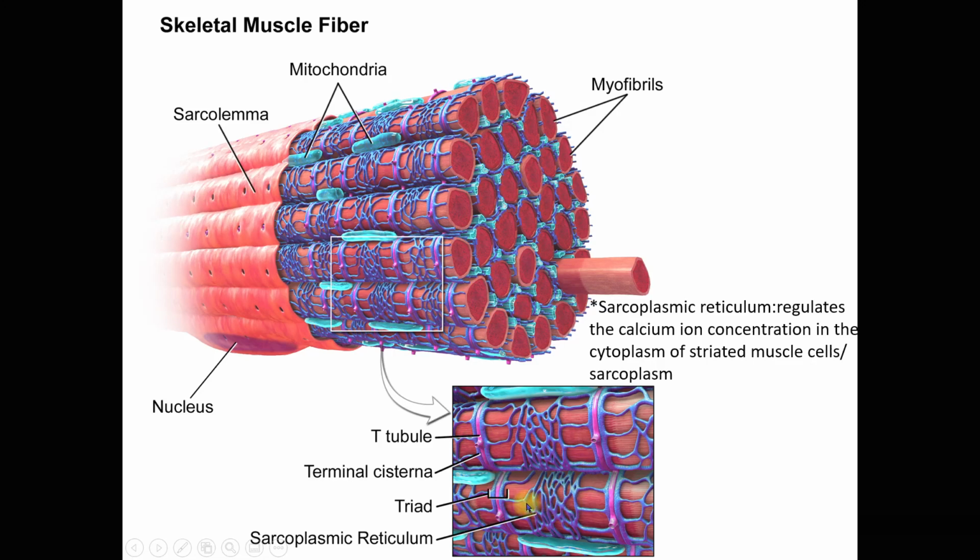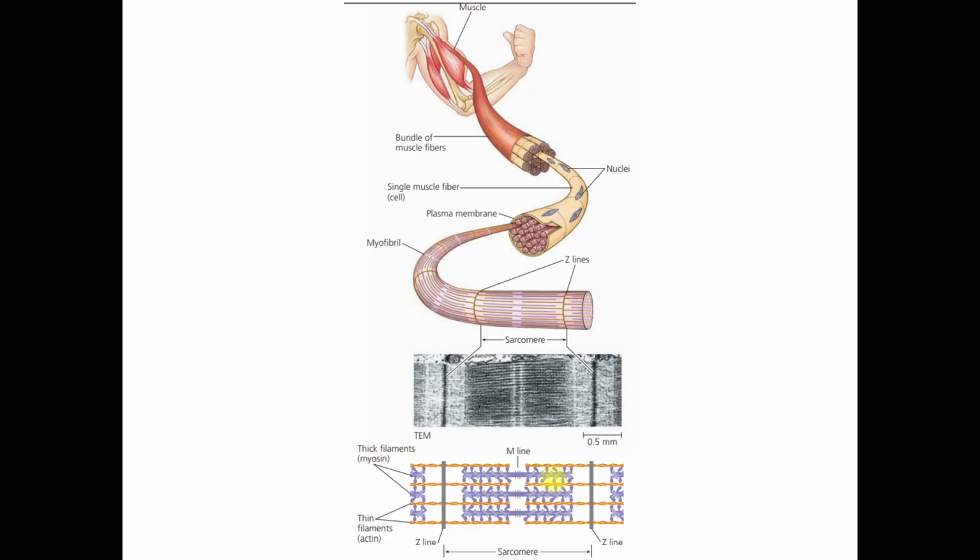Now a terminal cisternae with another terminal cisternae are connected with the sarcoplasmic reticulum. Now this sarcoplasmic reticulum regulates the calcium ion concentration in the sarcoplasm or cytosol or cytoplasm of a striated muscle cell.